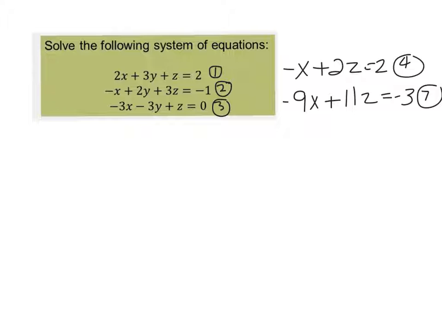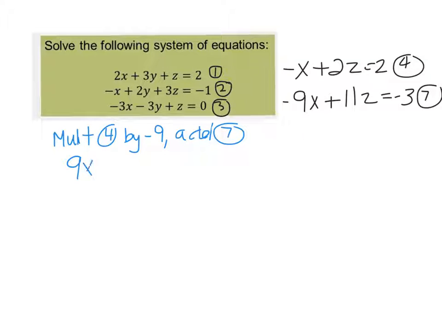Now I want to eliminate another variable here. So I'm looking at eliminating the x. In my next step I'm going to multiply equation number 4 by negative 9, and then add it to equation number 7. So if I multiply equation number 4 by negative 9, that'll give me 9x minus 18z is equal to negative 18.